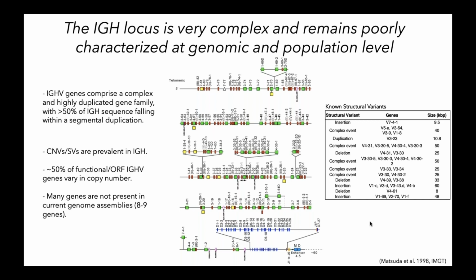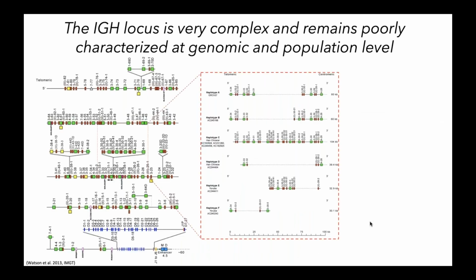In the case of the 2 reference assemblies that we have currently, both of these miss genes or don't include genes that are known to occur in the human population. And so to sort of drill down on some of this complexity, this is one particular region in which, for every sample we've characterized a haplotype, we see structural variants and differences in gene copy number.